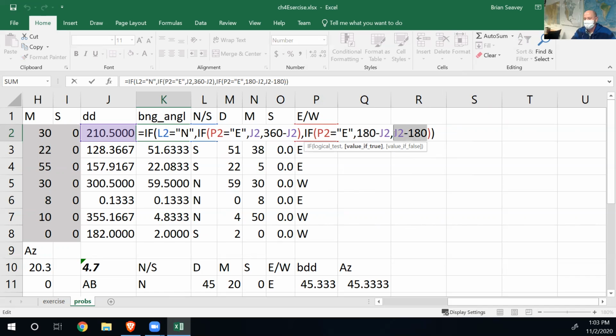And then here, instead of adding 180, if I have like 230, I take 230 minus 180, and that'll be my bearing angle. The other way, if I had a bearing angle of 30 degrees, I would take 180 and add that 30 and get the azimuth.